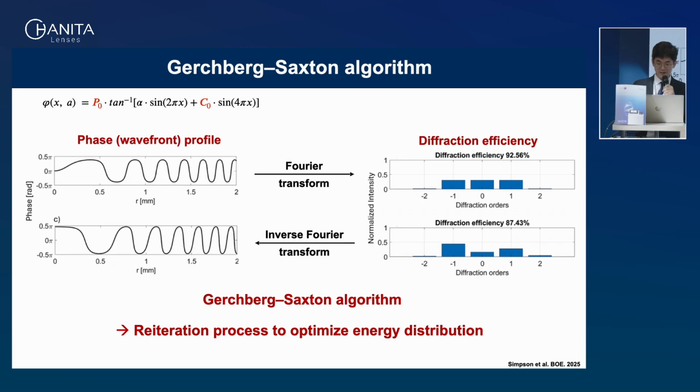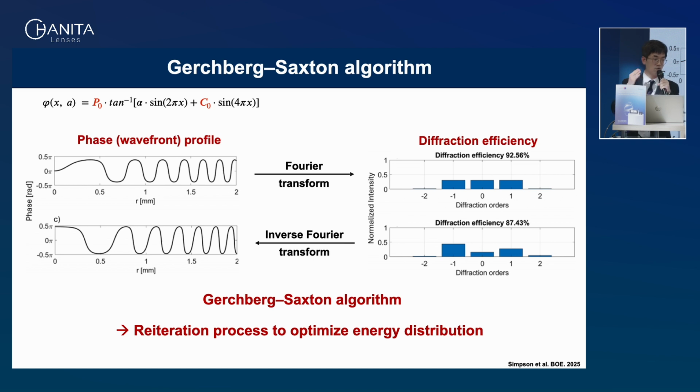On the left side, there's one sinusoidal profile on the top, and then if we do the Fourier transform, on the right, you can see there is a diffraction efficiency with the diffraction orders. And this one has three different uniform diffraction efficiencies with different foci.